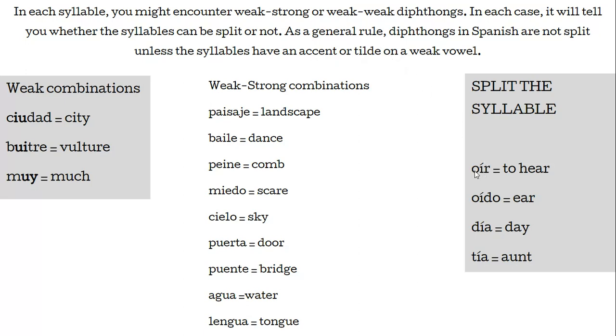Here's that example. Oír. If this didn't have an accent, we would say it as one syllable. But accents are all about how the word is pronounced. The word is pronounced o-ír. Because we are splitting it in the sound, that's why we have an accent or a tilde. That's the whole point. So if you don't see an accent, they're going to blend if you have a weak and a strong. But if you do see an accent, they're going to separate.